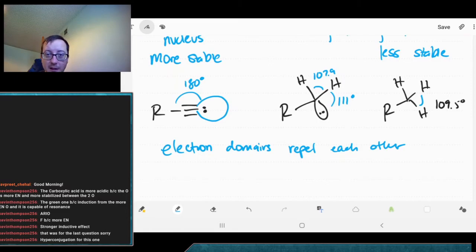It's already 180 degrees apart from its next electron domain. So it's already got its maximum repulsion. So it's got plenty of space to hang out, as it were.